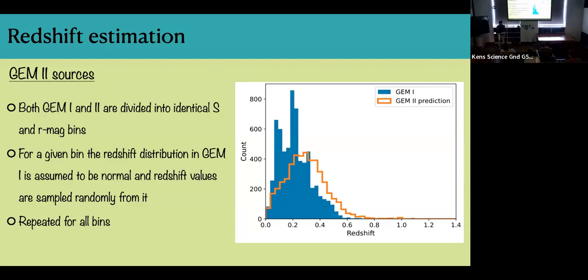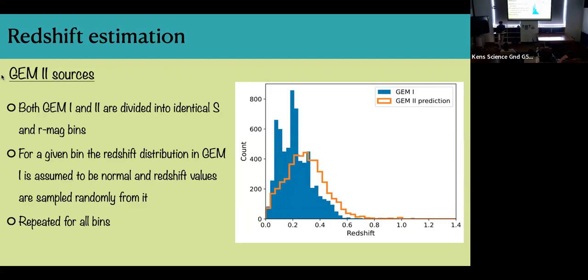So at the end of that procedure, I have predicted redshifts for the radio galaxies in that bin. This procedure is repeated for all of the bins, and in the end, I'll have a predicted redshift value for all of the radio galaxies in the GEM2 sample. It's a statistical approach.